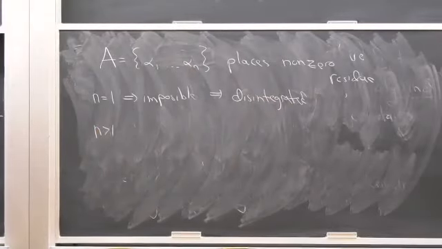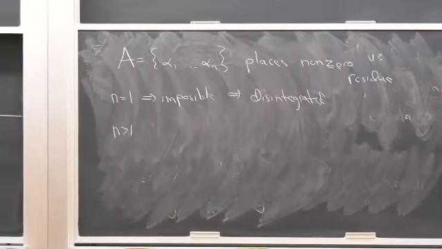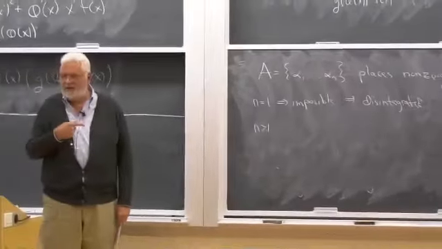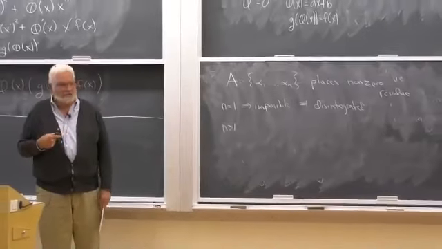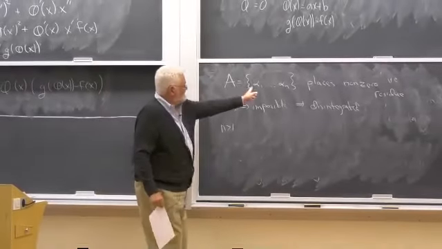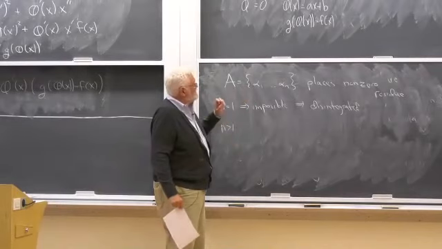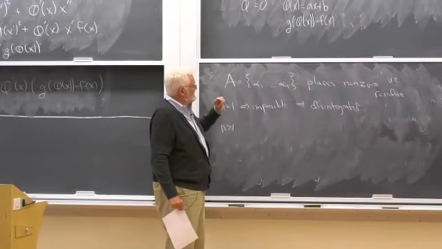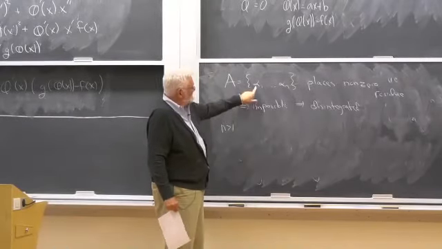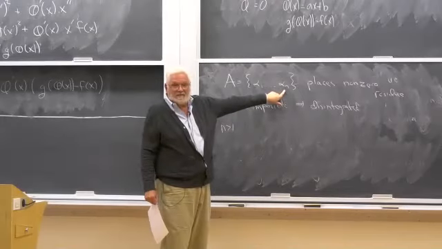If n is greater than 1, well, I'm going to use the fact that the affine group as it acts on the line is sharply two-transitive. Any rational function that preserves f is going to have to permute the alpha i's.